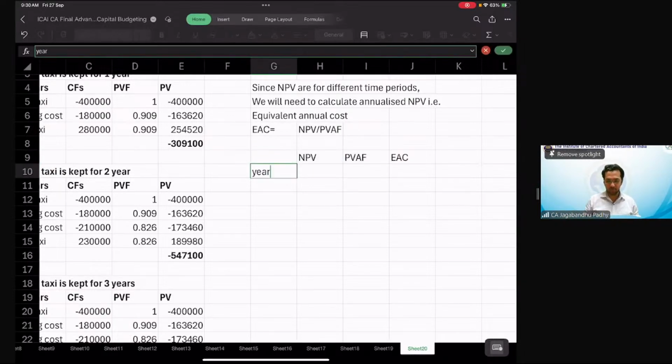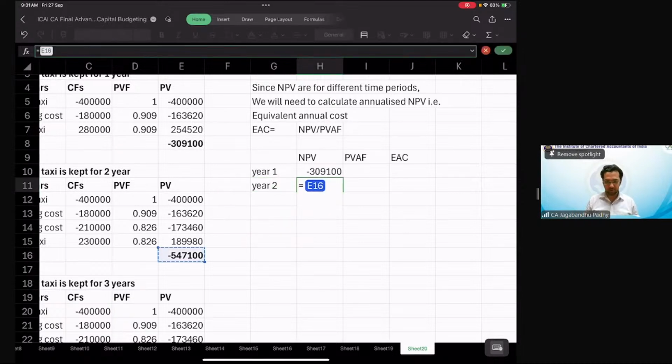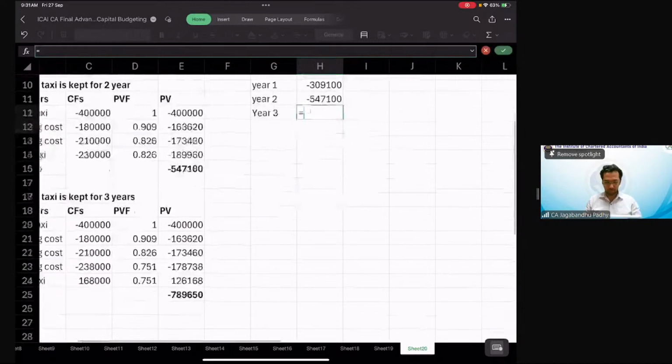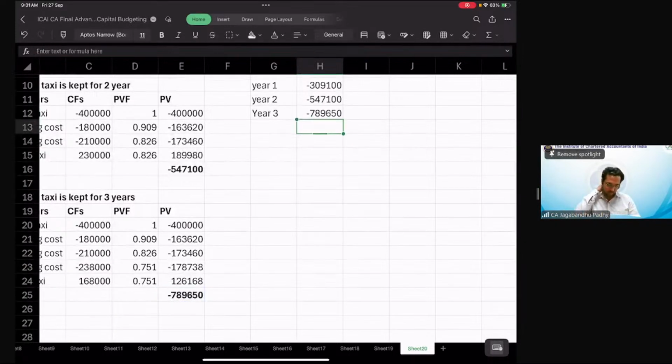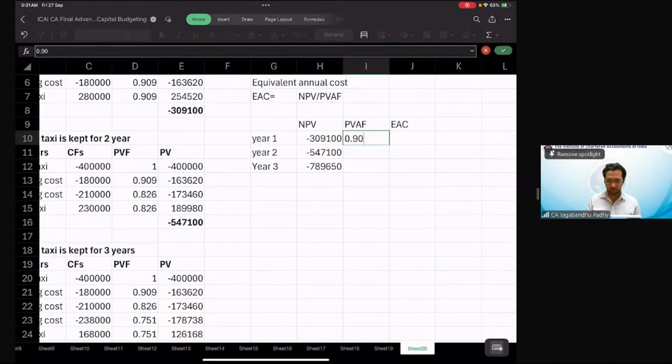So if we are thinking of replacing it in just year one, we know NPV is this number. If it is year two, NPV is minus 5,47,000. In year three, NPV is minus 7,89,650. Present value annuity factor for 1 year is 0.909.